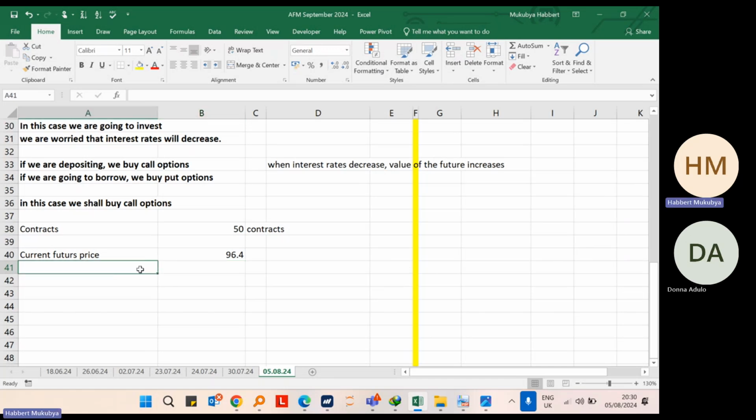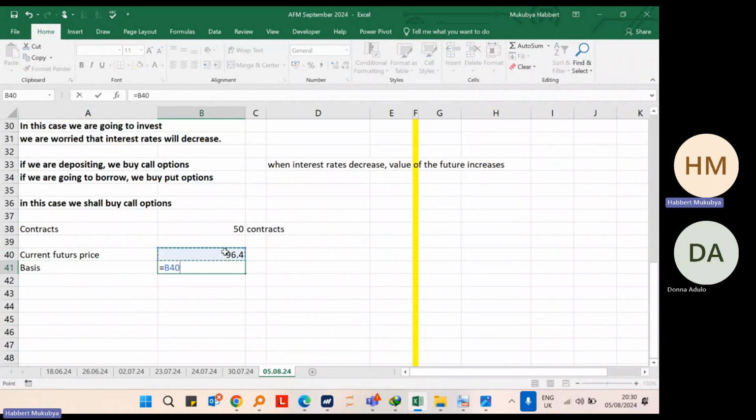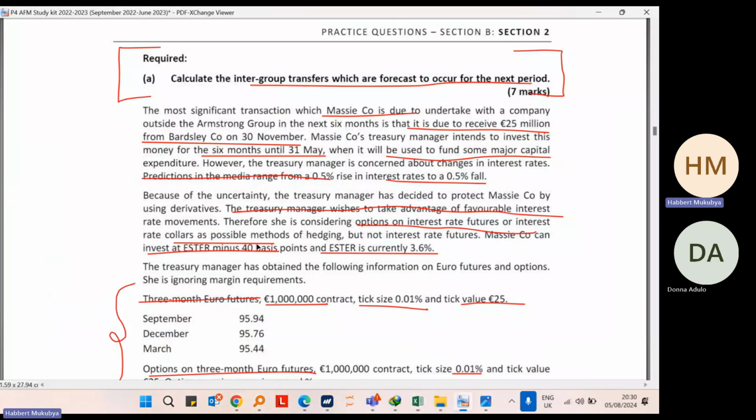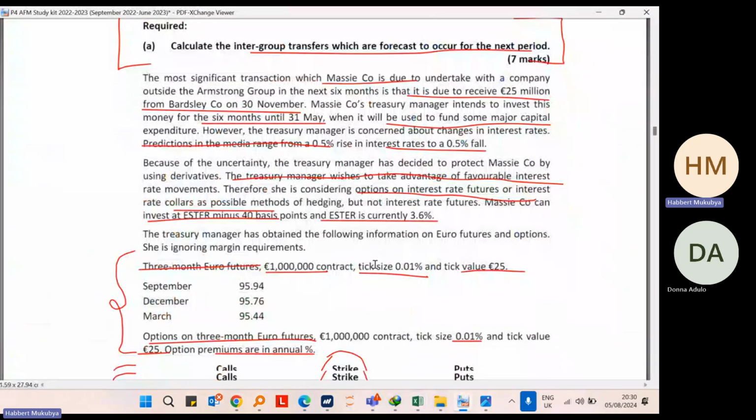So now to get the basis, the basis is normally going to be the 96.4 minus... Since we are going to borrow on 30th November, we shall choose the December contract.